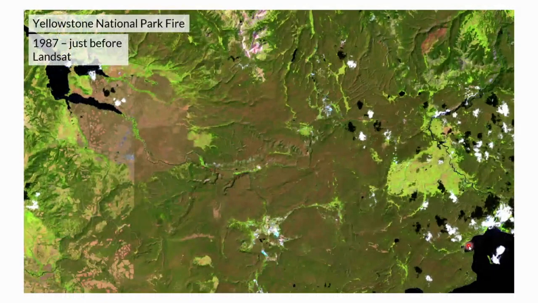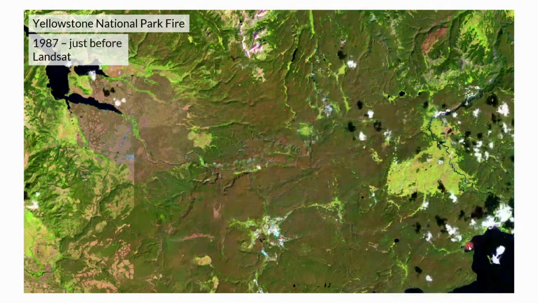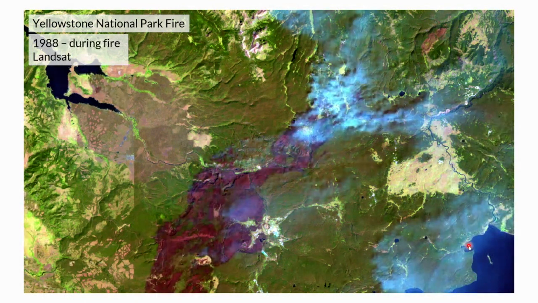Here again, forest, but fire this time. So that was quite a huge forest fire in 1988 in Yellowstone National Park, and that's an image from before. That's an image from the year of the fire.